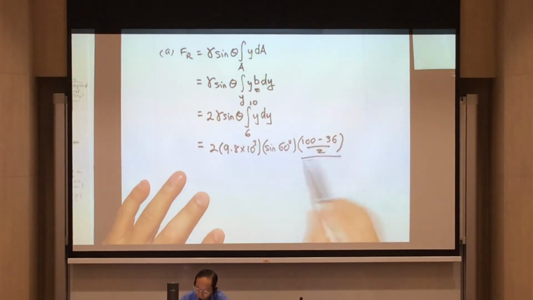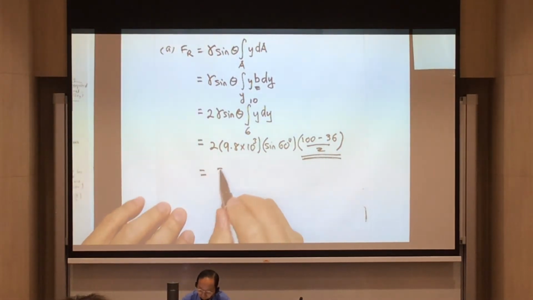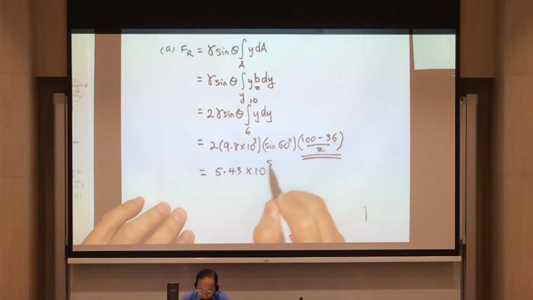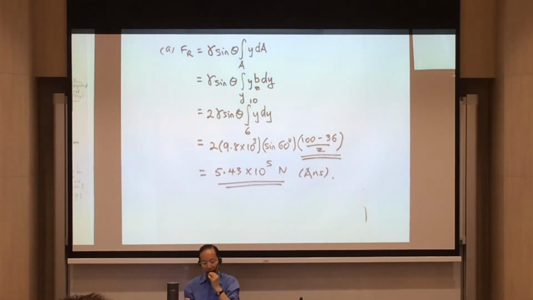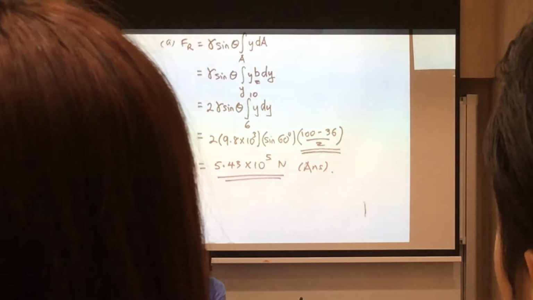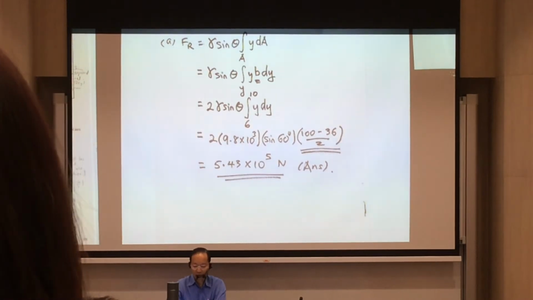I'm sure you know how to get this. Use a calculator. It should give you 5.43 times 10 to the power of 5 Newton. So that is your FR, the resultant force acting on this gate.